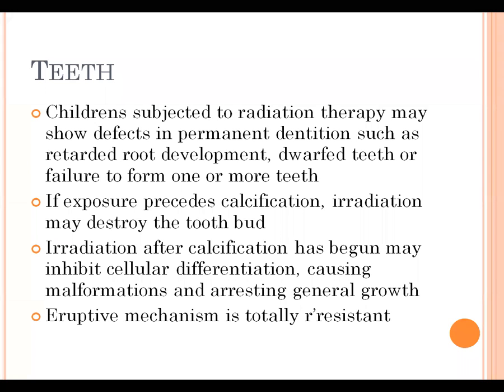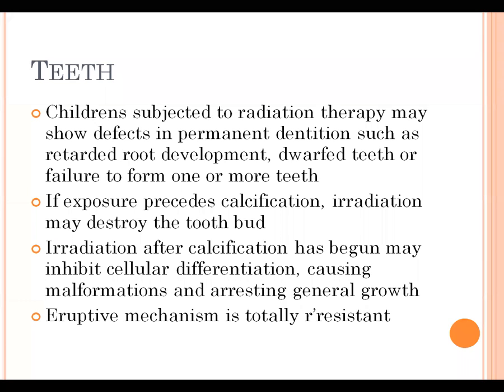If exposure precedes calcification, radiation may destroy the tooth bud. Before calcification, if tooth buds are exposed, there will be destruction of the tooth buds. There might be loss of tooth or abnormal tooth formation.